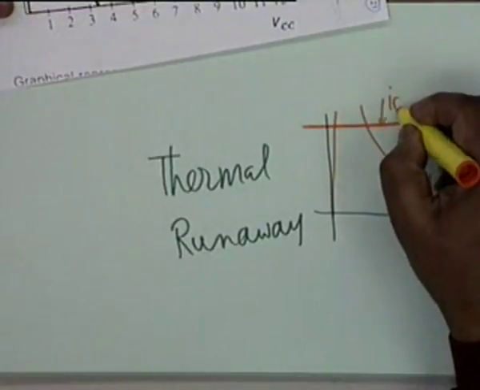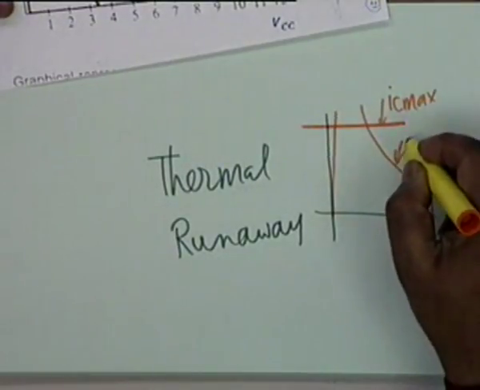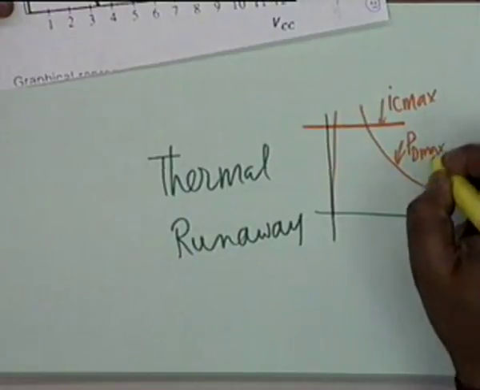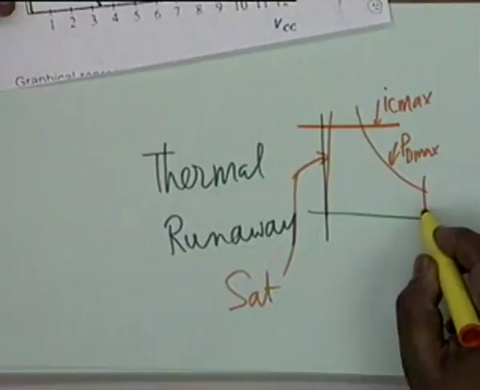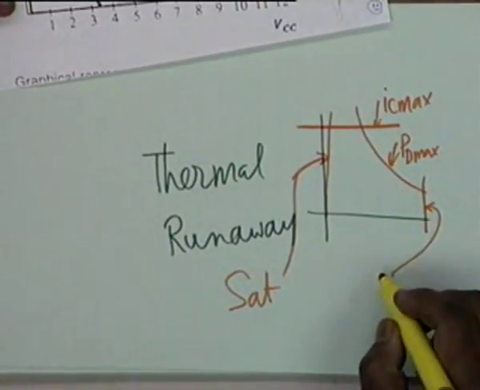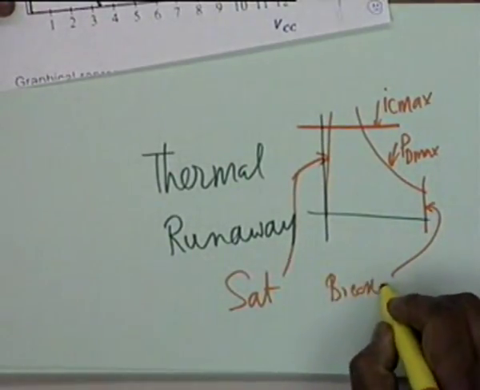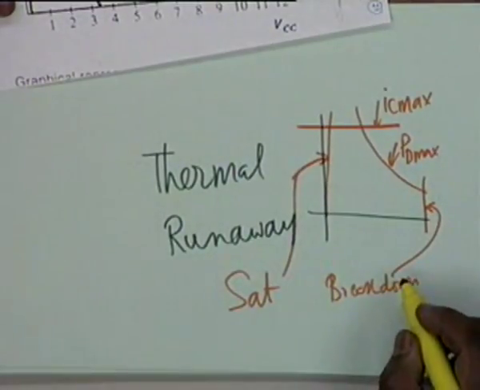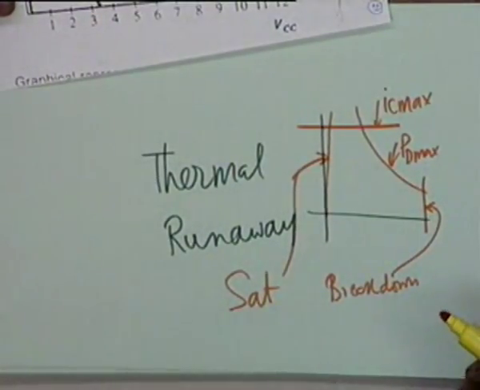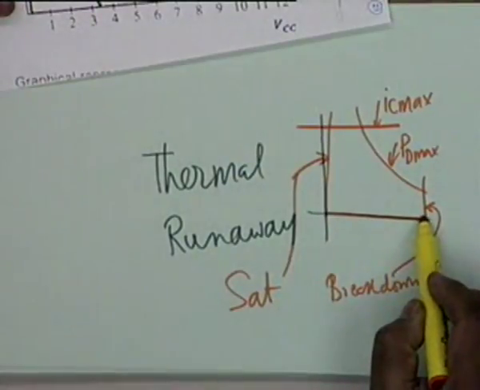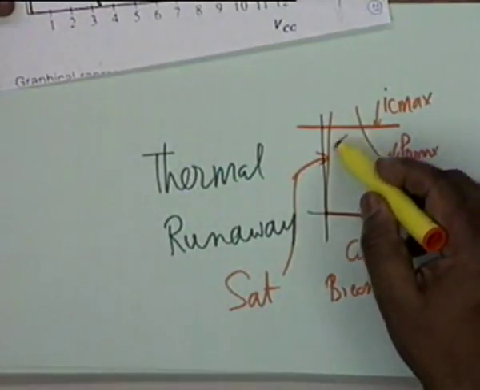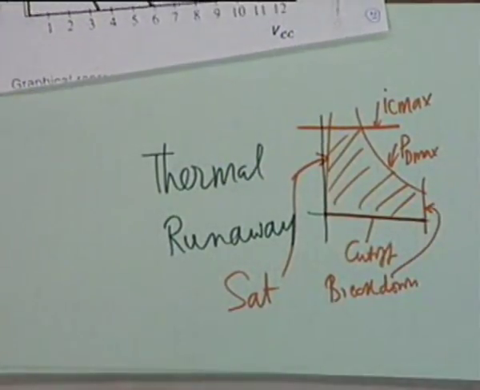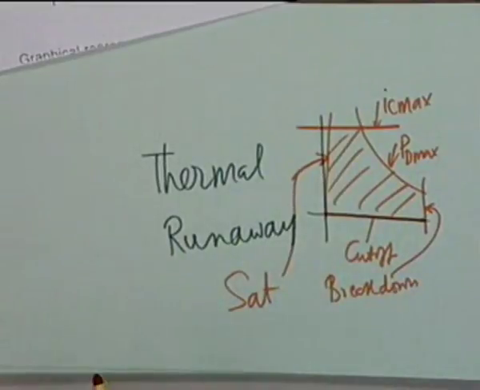This is the IC max, this is PD max, this line is saturation, this line is decided by breakdown, and what about the other dimension? We have cutoff. Cutoff is obviously this line, right? So your Q point must lie in this shaded region. Your Q point should not lie outside this.